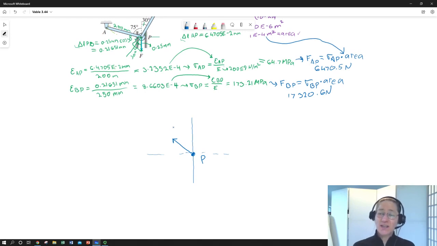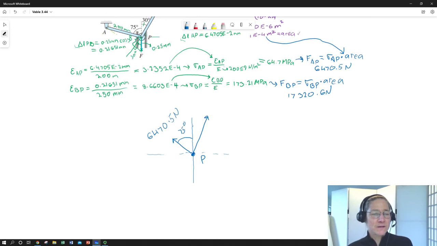We know they're in tensile stress, which would lead to a force that would correspond to the stretch, which means if point P is pulling on the bar to stretch it, it's in tension. That means the bar pulls back on P. So we're going to have a force due to AP that is up in this direction, and we have our 75-degree angle here to the vertical, and our force magnitude is our 6470.5 newtons.